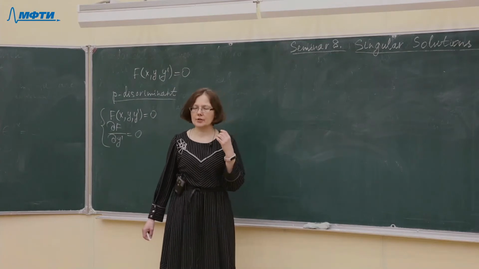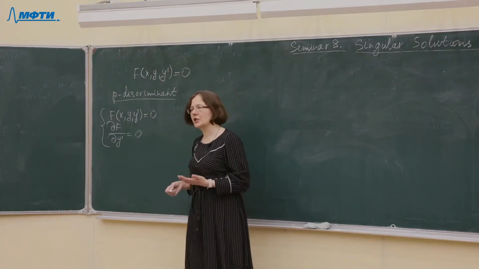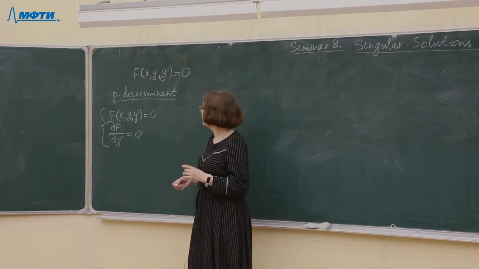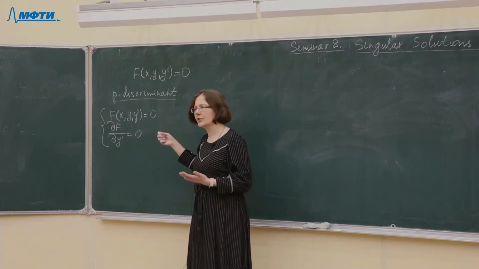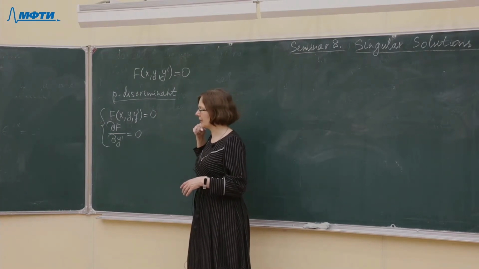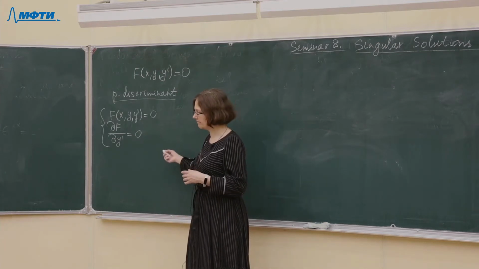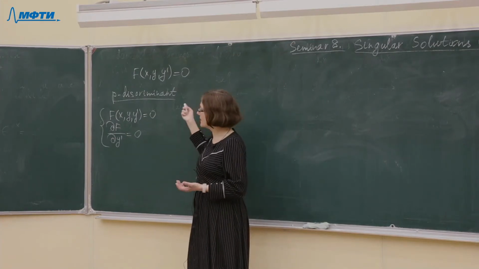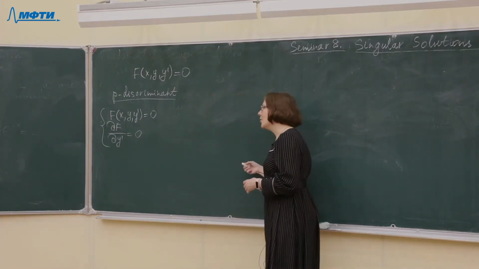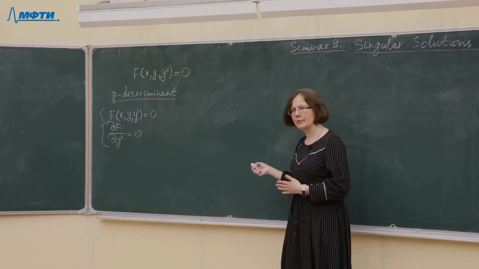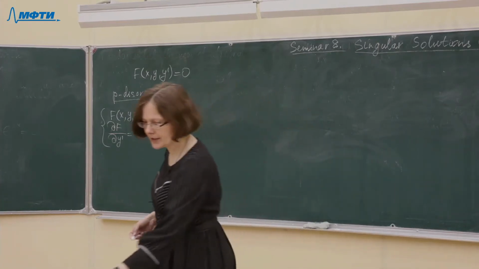So we should find the general solution of this implicit differential equation, and show that at each point of our candidate for the singular solution, there is some solution from the general one-parameter family which goes through the same point with the same slope and satisfies the same differential equation.